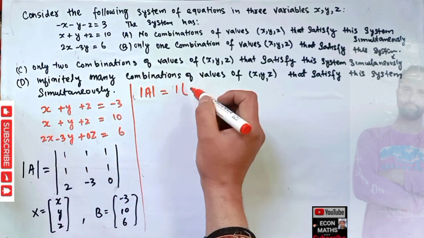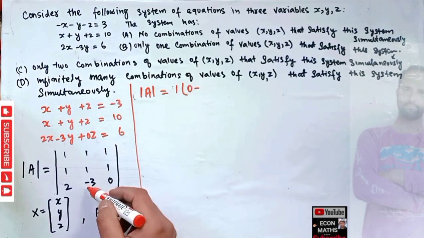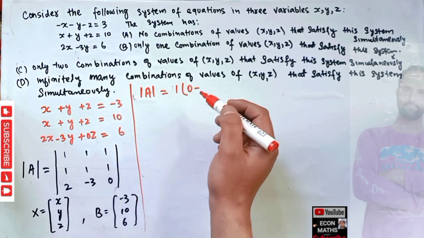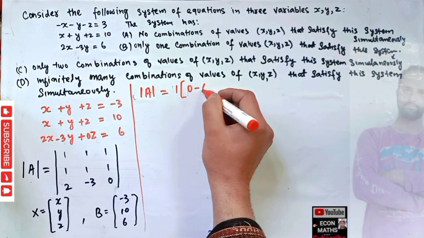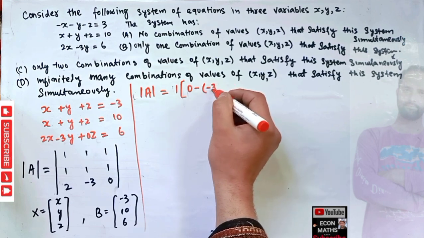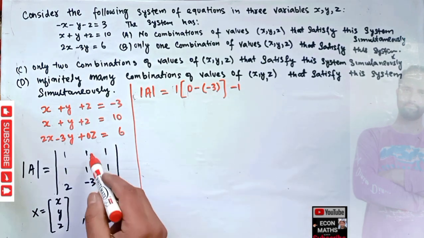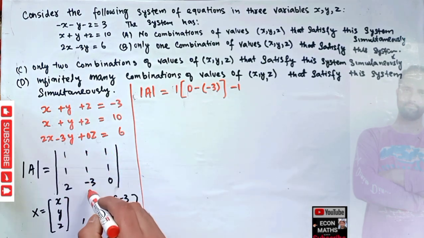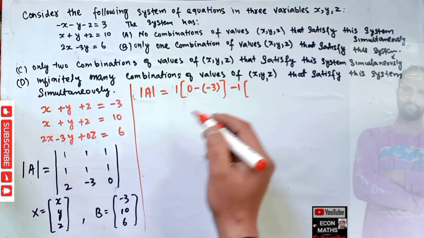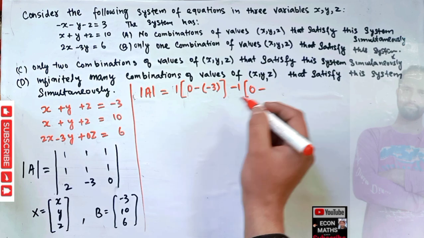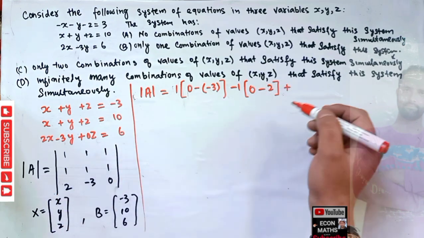So we have 1 times 0 is 0, then we have minus, then minus 3 into 1 is minus 3, so I can write it like this: minus 3, then we have minus 1 from the formula. Mentally deleting this row and this column, taking the determinant of the remaining elements, we have 1 times 0 is 0, then we have 2 ones are 2, plus 1.